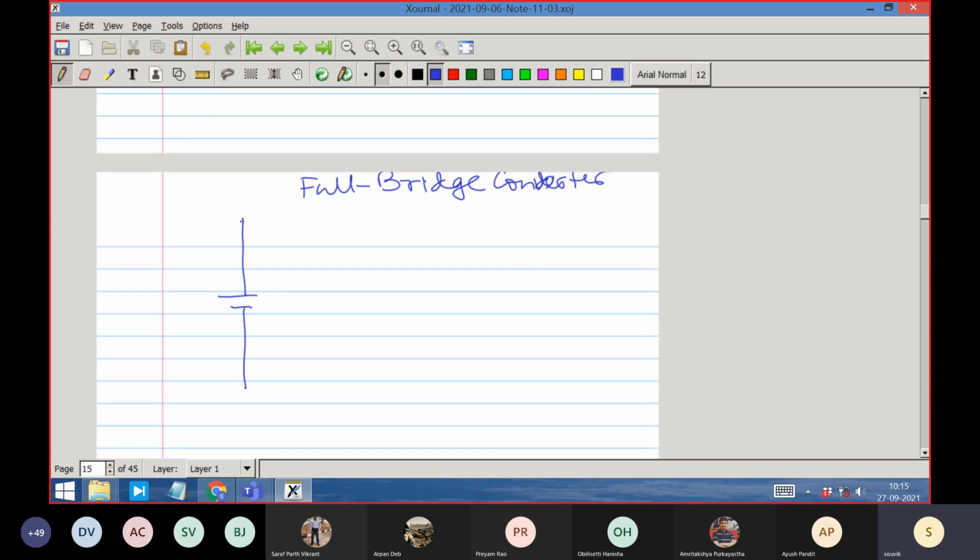The name itself is suggesting what it will be: the full bridge converter. Instead of the capacitor split, we will now have switches connected in a complementary way, so that they can never be turned on together, because this way they would short a voltage source, which is not allowed.